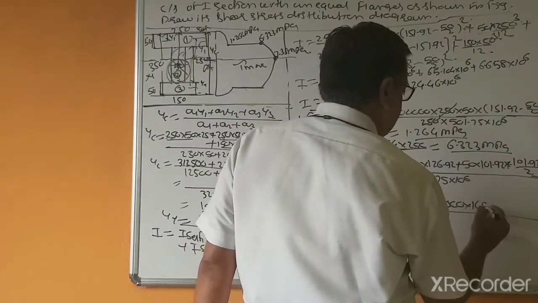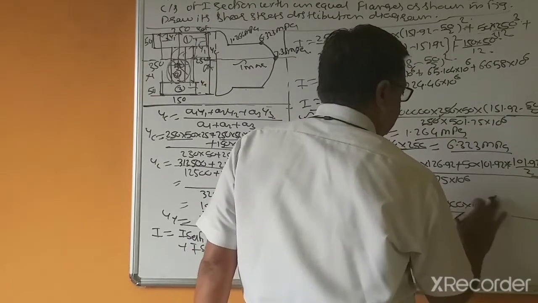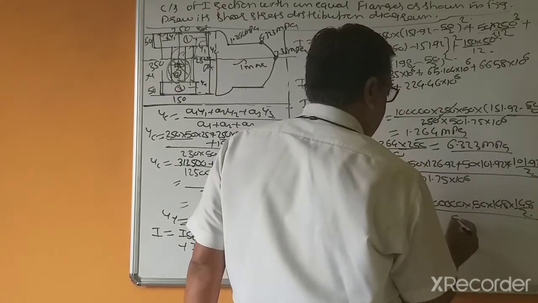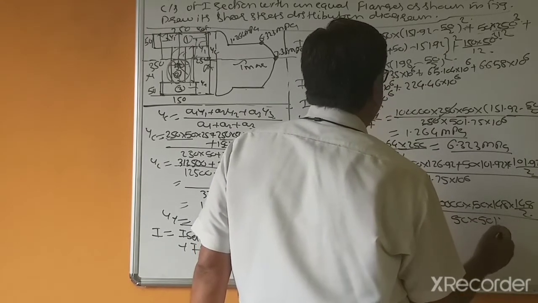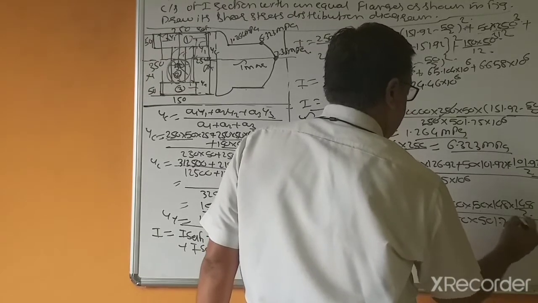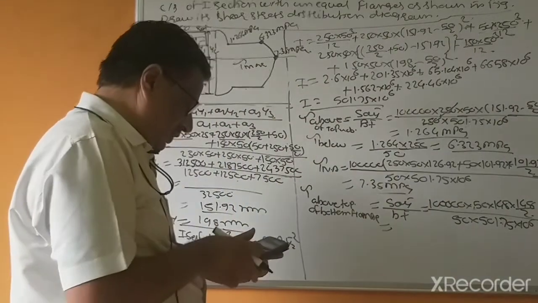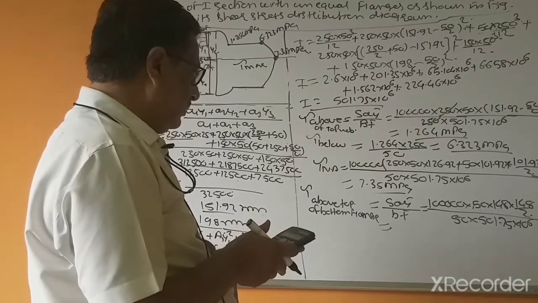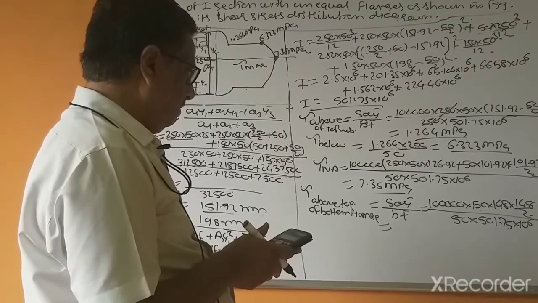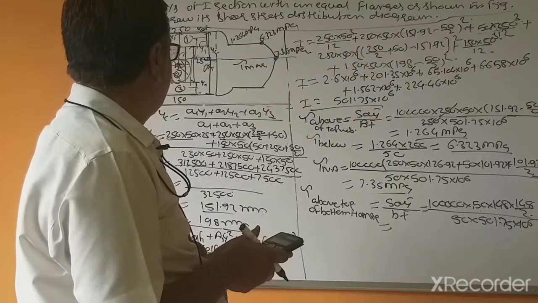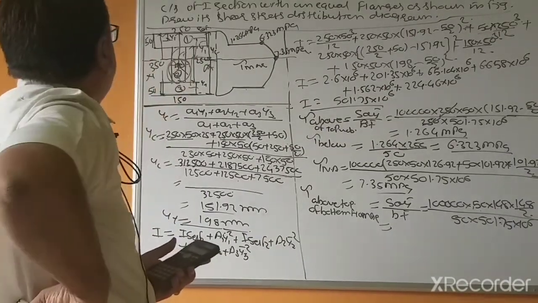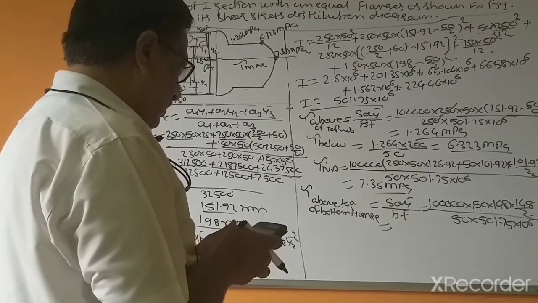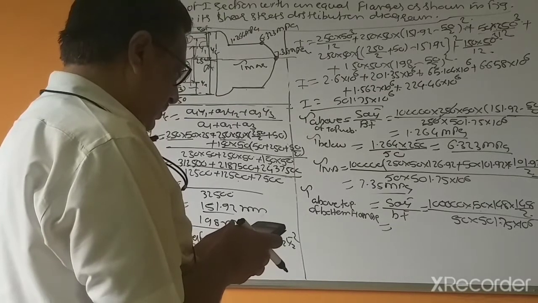So that's why 148 multiplied by 50 or 50 into 148 divided by 2, B equal to 50.75 10 to the power 6. 148 square divided by 2 multiplied by 50 multiplied by divided by.